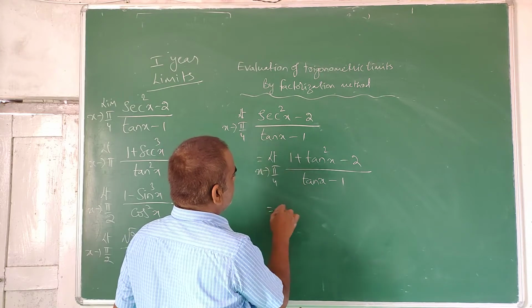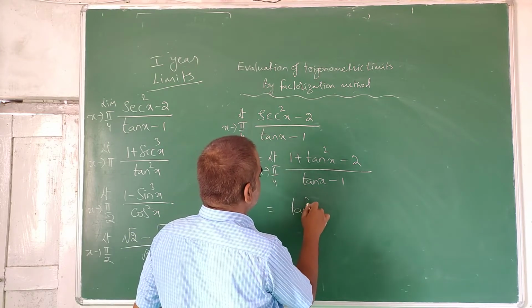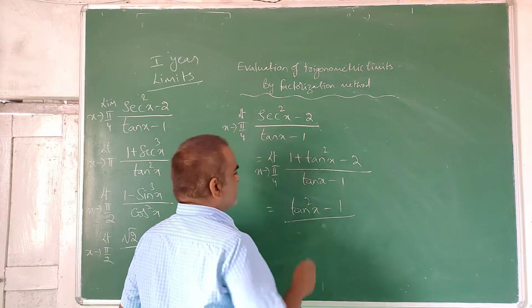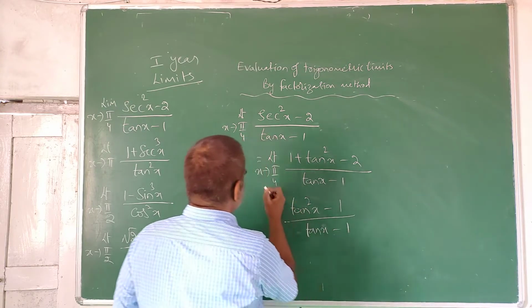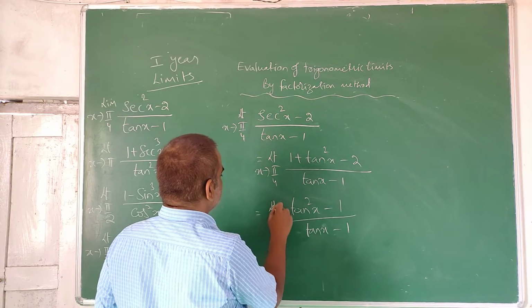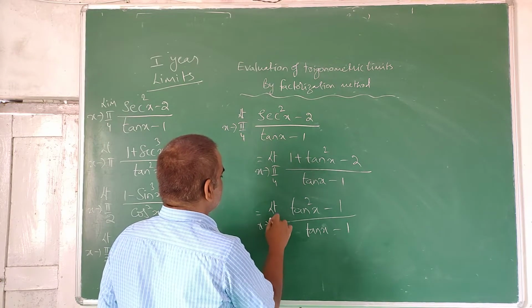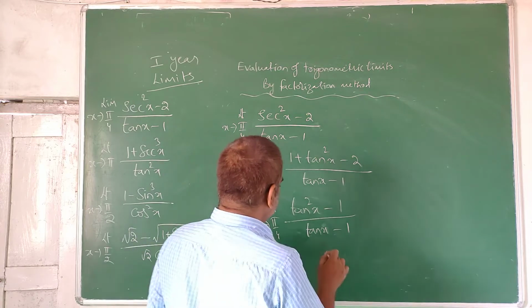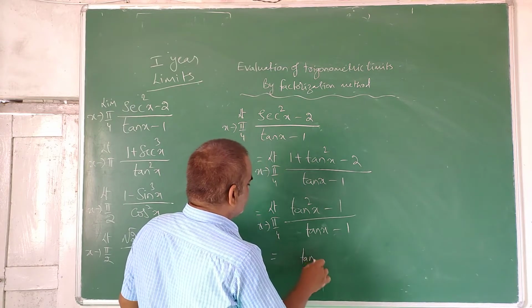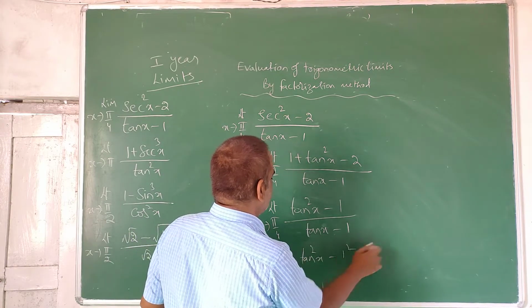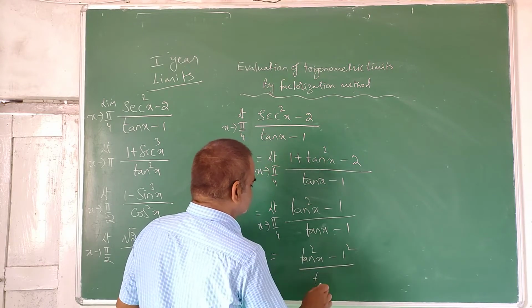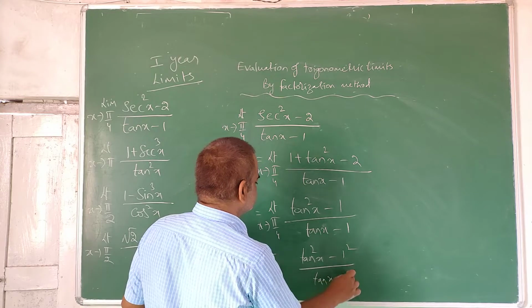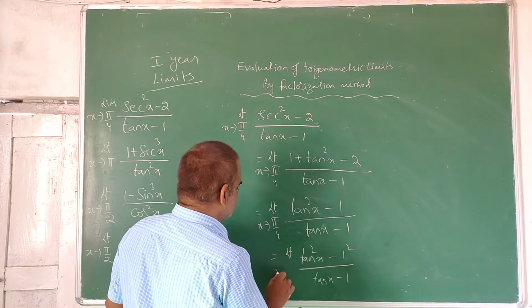Now this is equal to tan squared x plus 1 minus 2, so it becomes minus 1, tan squared x minus 1 by tan x minus 1, as limit x tends to pi by 4. Now tan squared x minus 1 can be written as tan squared x minus 1 squared, over tan x minus 1.